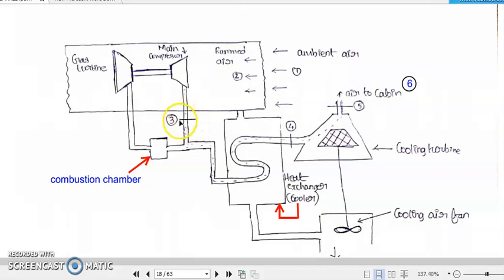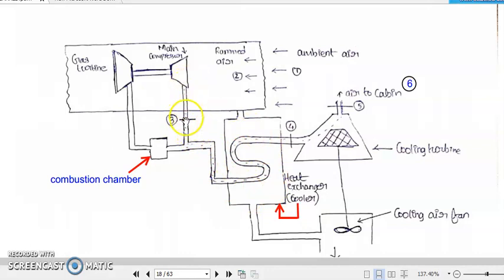That is actually the 3 dash. From 3 dash to 4, the air which is bled from the main compressor will be admitted through a heat exchanger. Actually this heat exchanger is nothing but a cooler compartment.